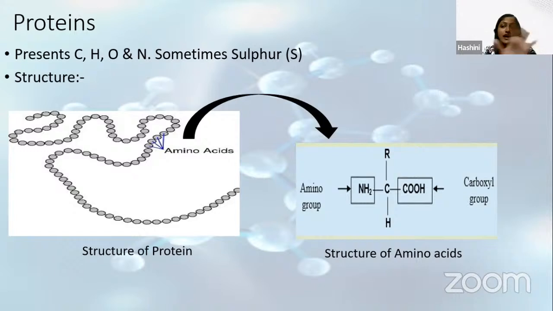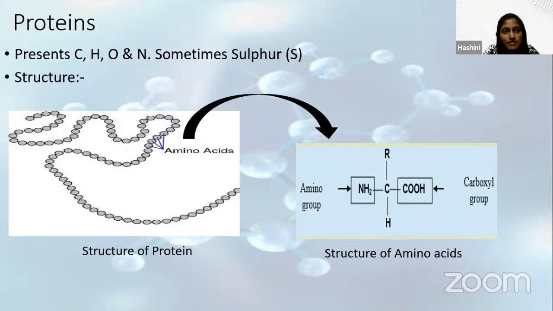Then the other significance is what? To make structural components in the organisms. What do you mean by structural components? You know, protein is important for the cell membrane, right? The cell membrane consists of protein. So you have to remember structural component as the second significance.